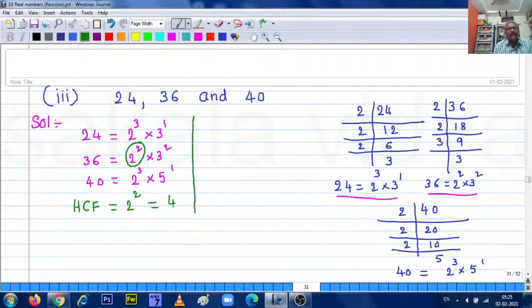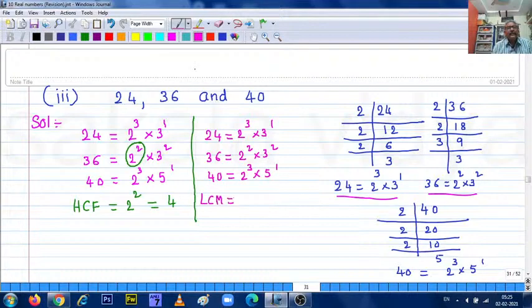Now you need to write LCM. 24 equals 2 cube, 3 power 1. 36 equals 2 square into 3 square. 40 equals 2 cube into 5 power 1. Now LCM.